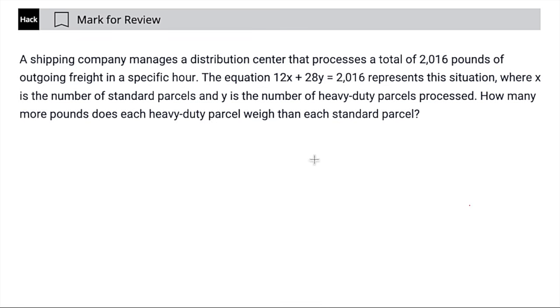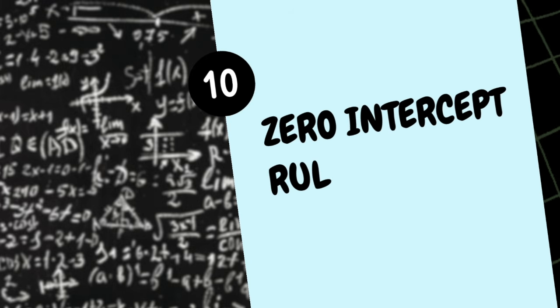Pounds would be a value, it's a weight, that's being attached to the items. In this case, the items are parcels. So 12 and 28 are the two pounds, the two values. How many more pounds does the heavy duty one weigh? Well, we have 28 versus 12. So it's really just 28 minus 12, which is 16. So our answer very easily, if we know this rule, is going to be 16.